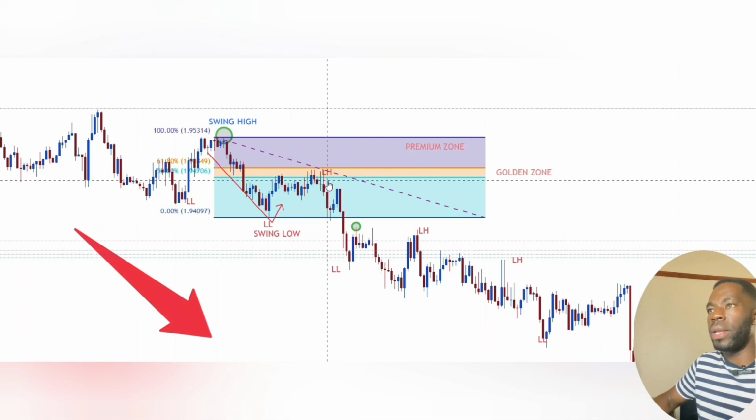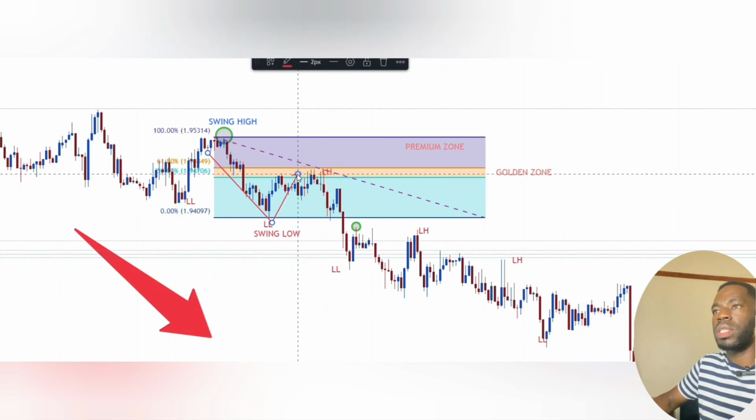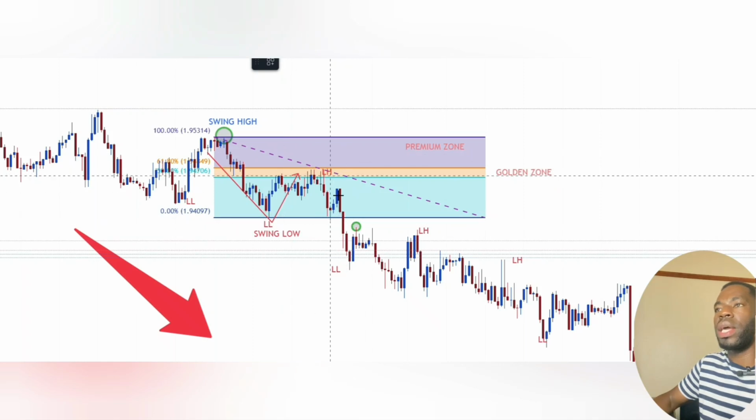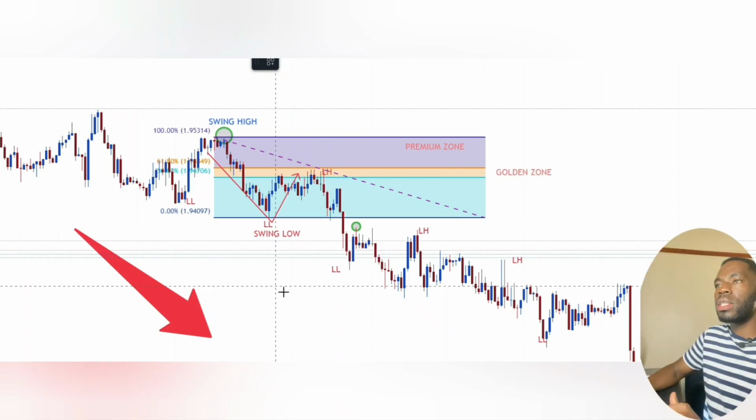So we are waiting for this price to retrace to the golden zone before we can place our sell positions. This is most likely to happen, like it happened already here in this market. We're just using this as an illustration. So when price gets here, what you are looking at is placing your sells. You wait for a candlestick formation to the downside, as we can see with this three candlestick formation over here.